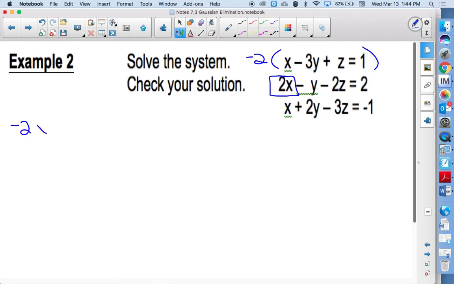So -2x plus 6y minus 2z equals -1. The second equation stays the same.